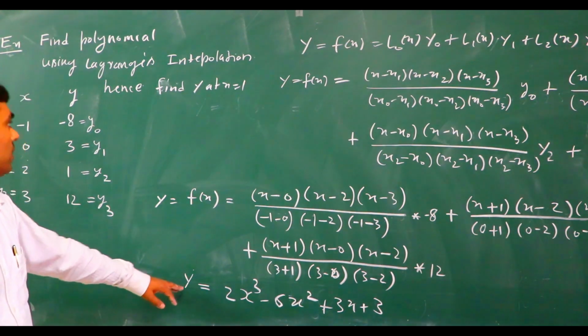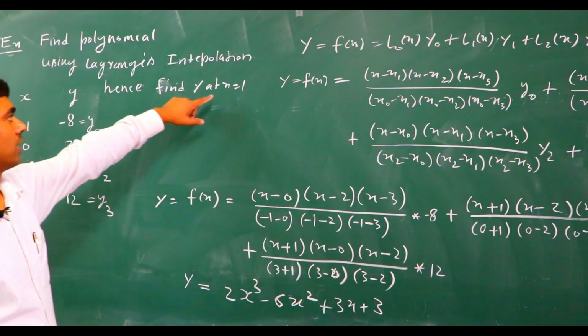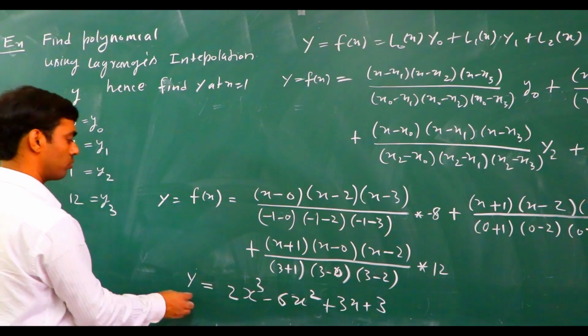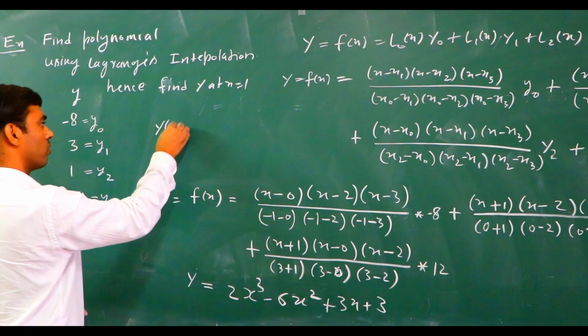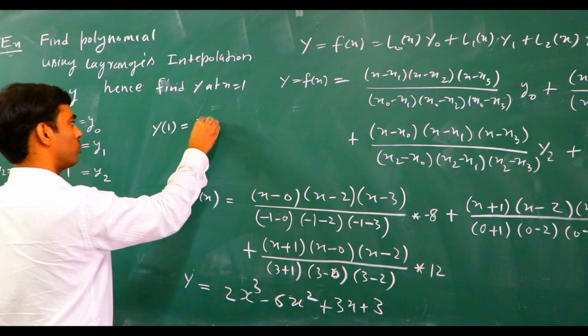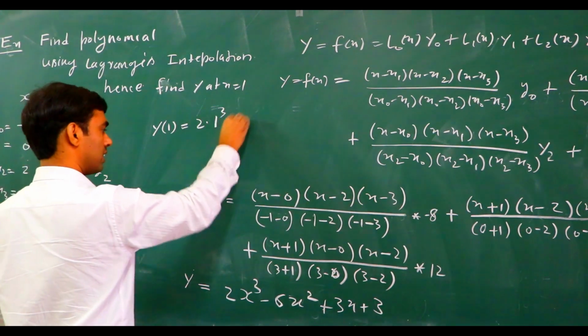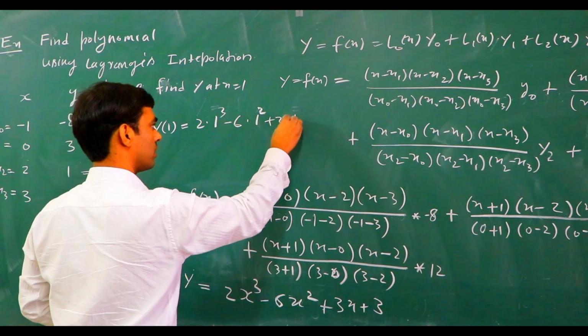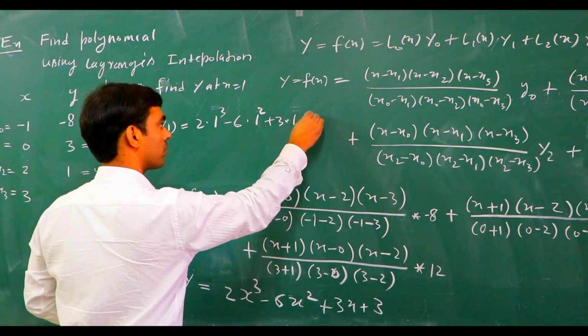This is a polynomial. To find the value of y at x equal to 1, we put x equal to 1. So y at 1 equals 2 into 1 cube minus 6 into 1 square plus 3 into 1 plus 3.